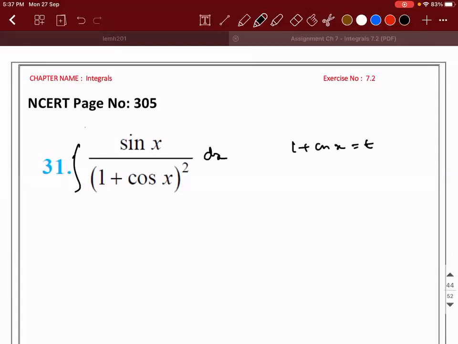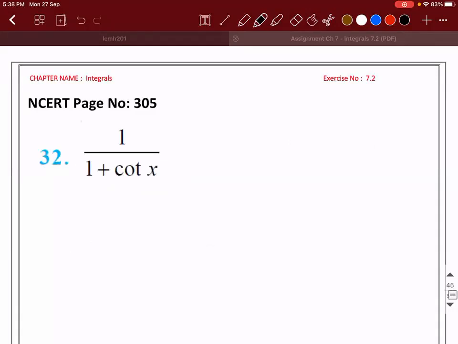Do it and tell me. 1 by 1 plus cos x, sir. Yes. One by 1 plus cos x.